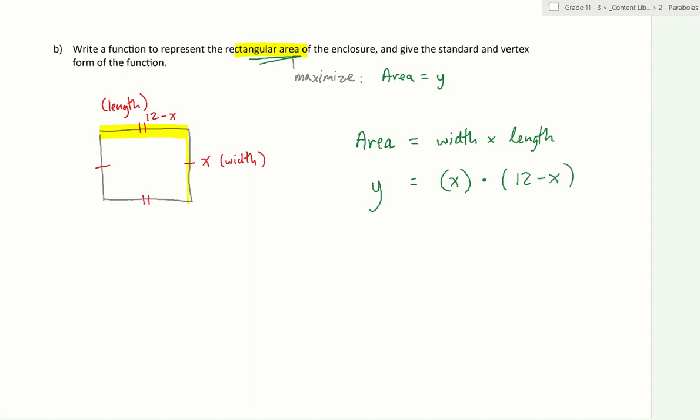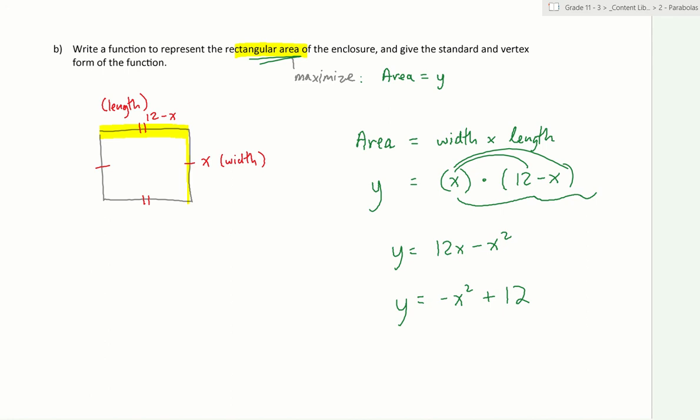Okay, so when we set it up that way, let's expand this out. So y is equal to x times 12 is 12x, minus x squared, which is negative x squared plus 12x. You can see this is an upside down parabola, which is exactly what we got on the previous page.